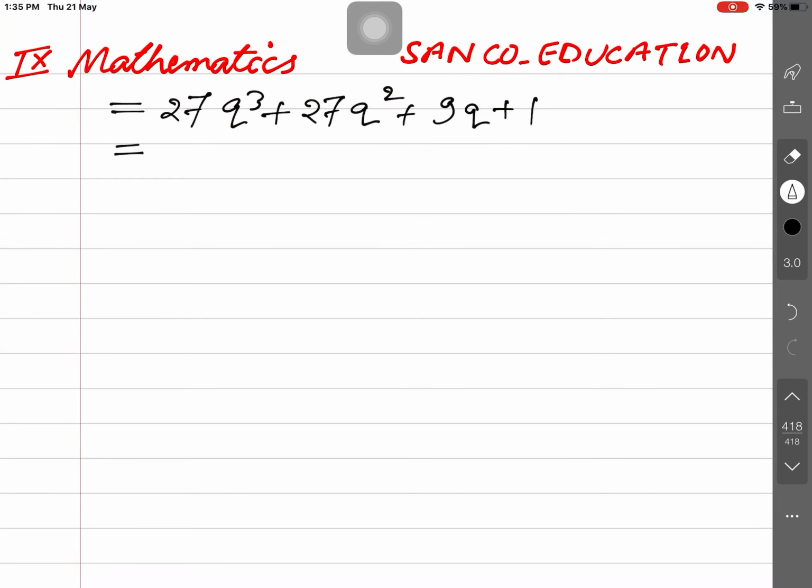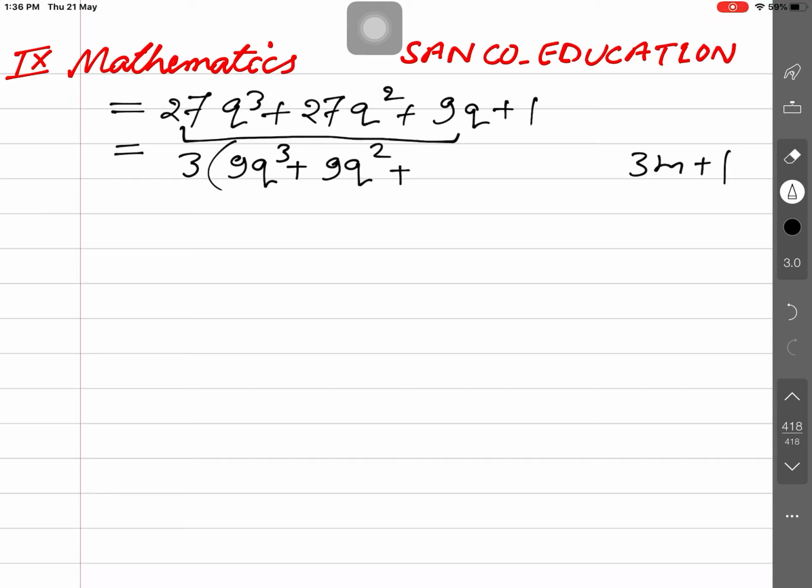Further, what is to be proved here? In these terms, what is common? 3. 3 can be taken common. But some students think that q is also common, but I have to show the format 3m plus 1. So 3 is taken common. Here left 9q cube plus 9q square plus 3q and plus 1.